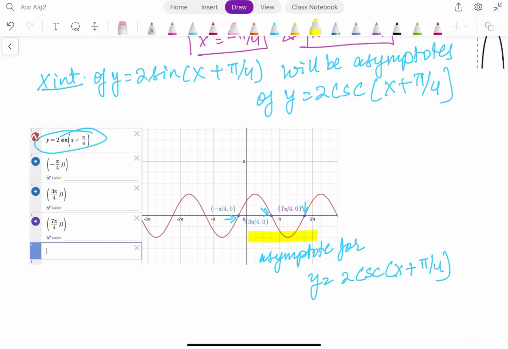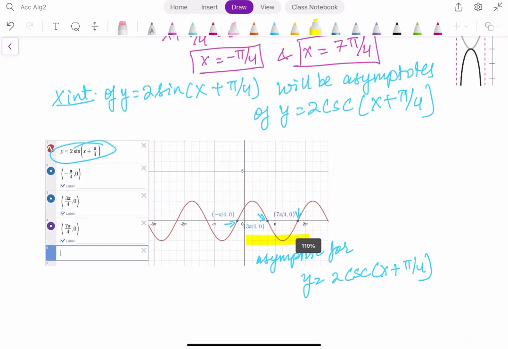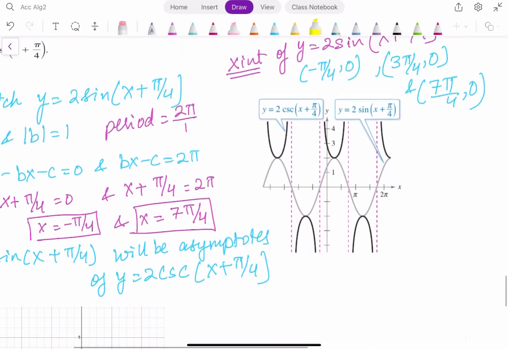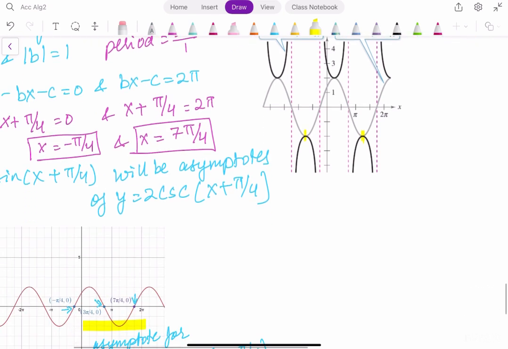Right? So this is the period that we are looking for, the whole entire thing. And then if we go back up, the period is when one max and one min will happen, right? So between negative pi fourths to 2 pi, where those two asymptotes are there. And you can see the cosecant function bounces up on the max and bounces down on the min.